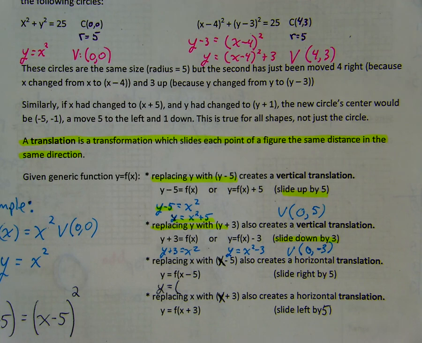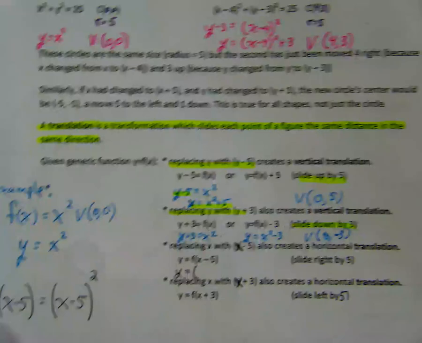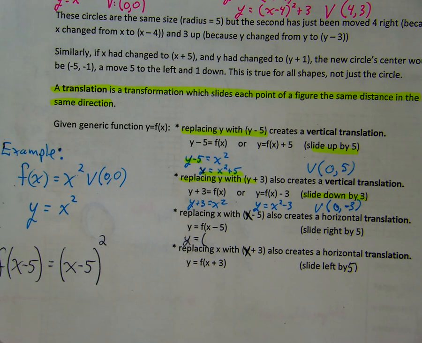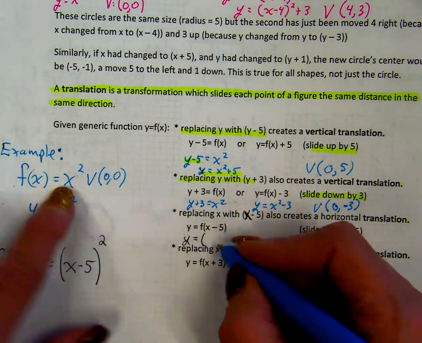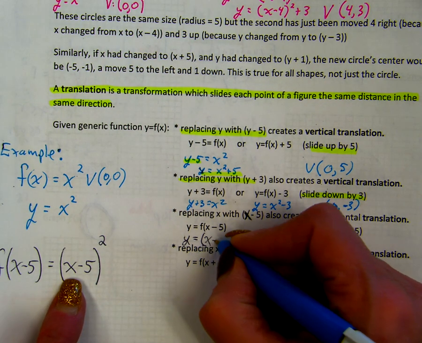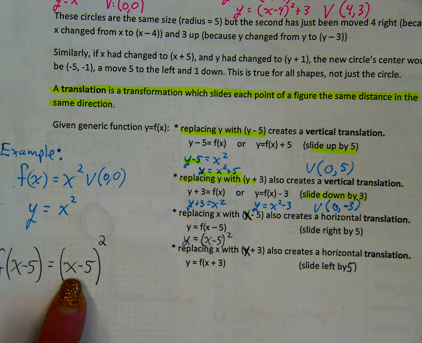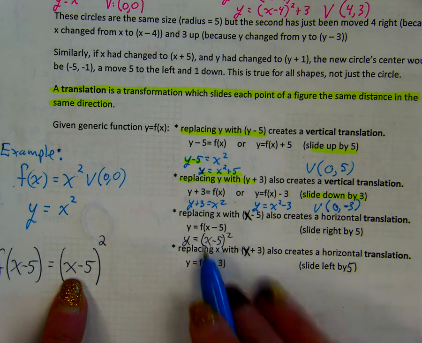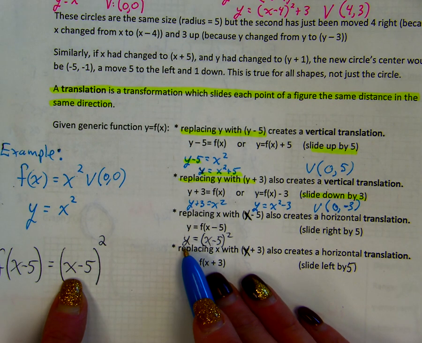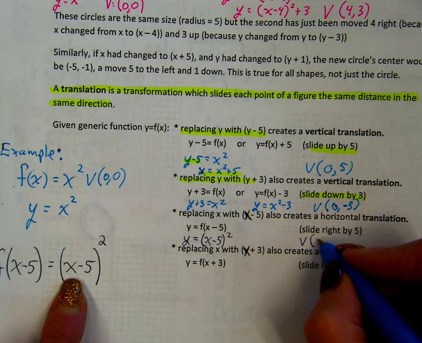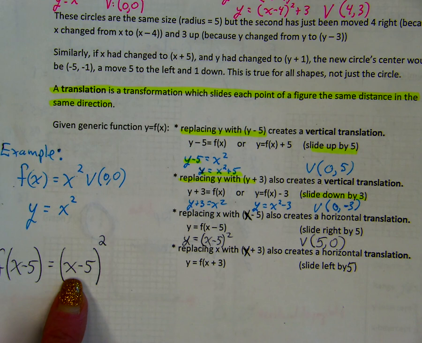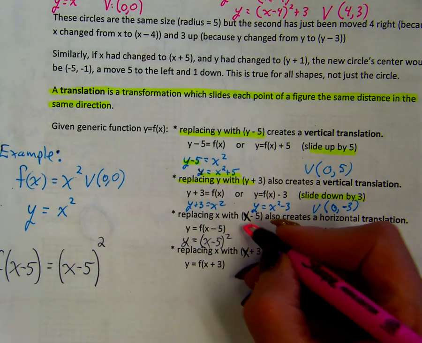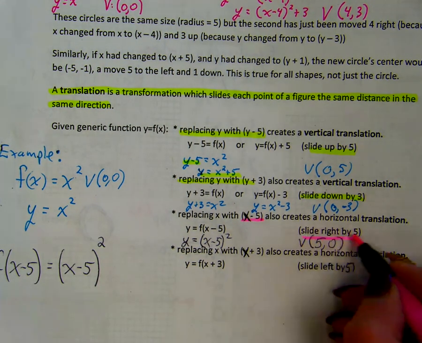I had to compose it. Okay, so we end up with not y equals x squared, but y equals x minus 5 all squared. Okay, it's explicitly defined. Tell me where the vertex is. At 5 and 0. So you replaced x with x minus 5, and you moved it 5 to the right.